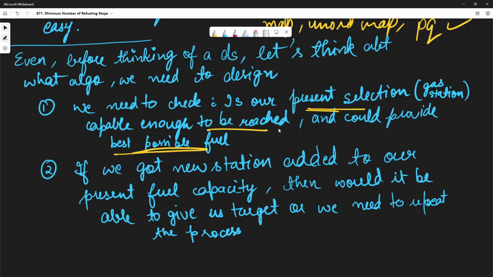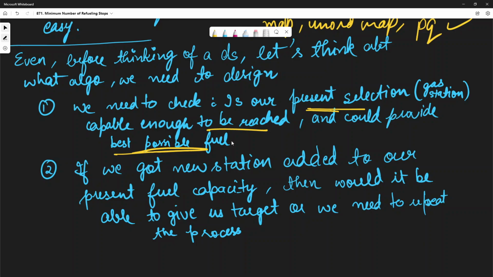If we are not able to reach that gas station, what would be the fun of getting the most fuel from that gas station? So first we are required to check that we are capable enough to reach that gas station, and that that gas station could provide us the best possible fuel in that scenario. So these are the two conditions which we need to keep in mind and go ahead.